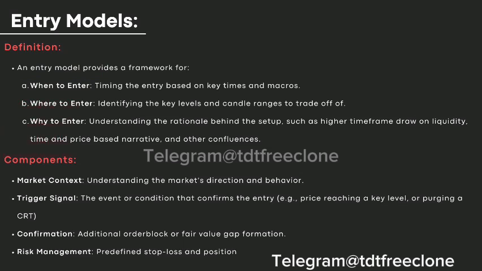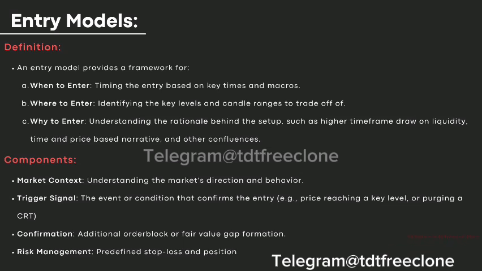Now, the second most important component of an entry model is the trigger signal, right? The trigger is a specific event or condition that tells you that right now it's time to act and enter the trade. That is what we call a trigger.